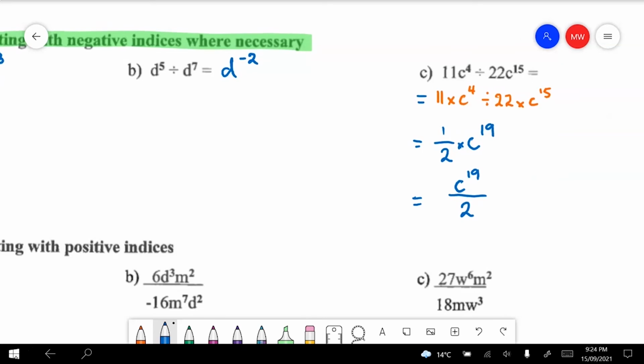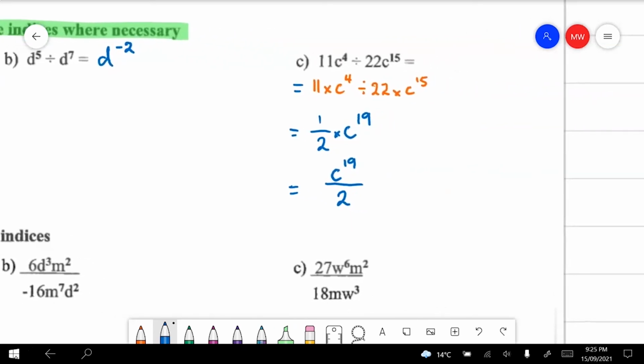Now, the answer sheet, just to demonstrate what I'm talking about here, has got a different answer.